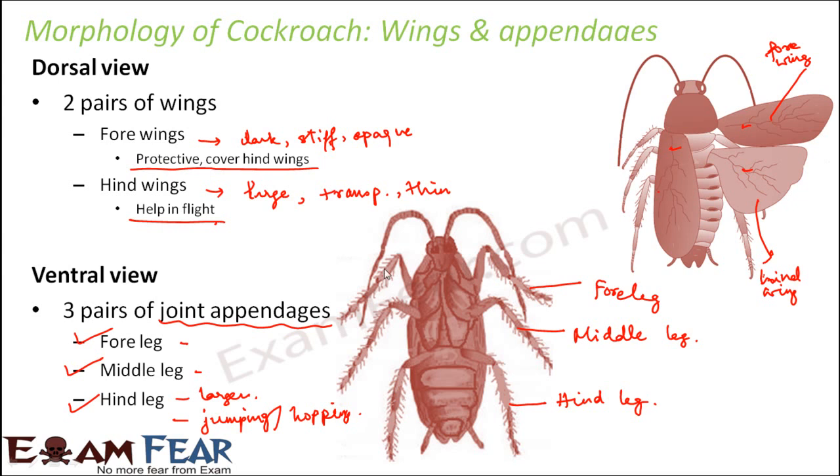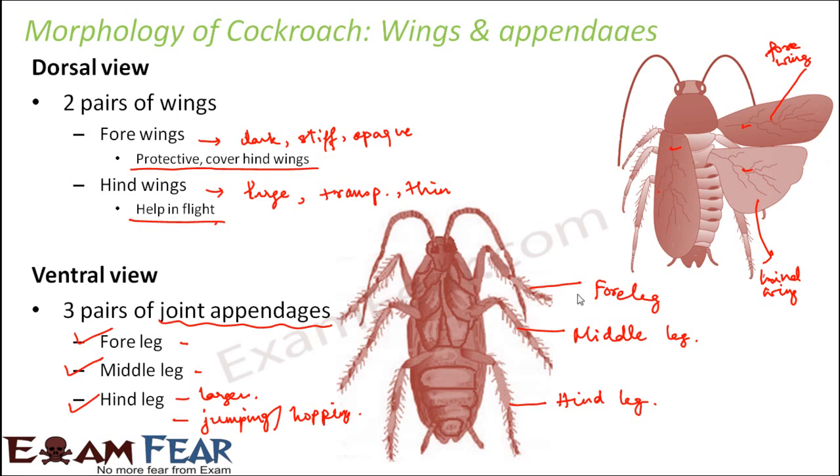Now if you look at the place from where each of these legs arise, you can see that all of them arise from the thorax region. The foreleg is also called the prothoracic leg. This part is the head and after that is the thorax.